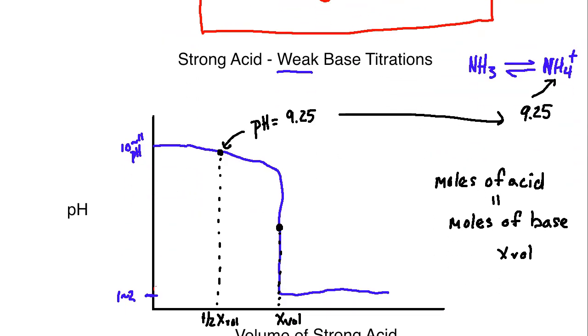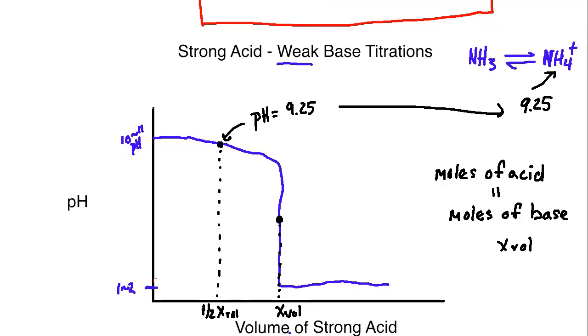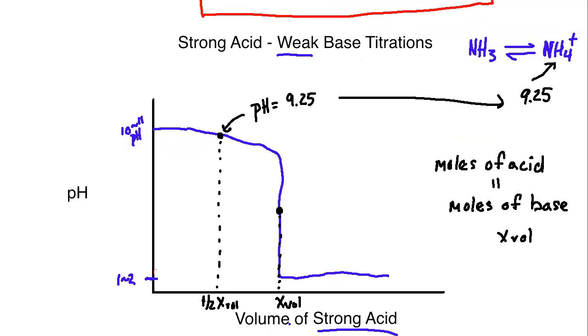And so the equivalence point is when all of that NH3 has been used up by the strong acid. So halfway there means that you've lost half of your NH3, so half of your NH3 remains, and the other half of it would be in the form of the ammonium ion at this point.